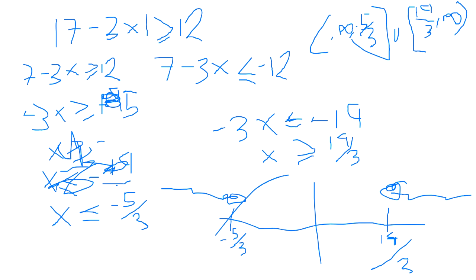Okay, good. We have the absolute value of 7 minus 3x greater than or equal to 12. So we are going to have two solutions.